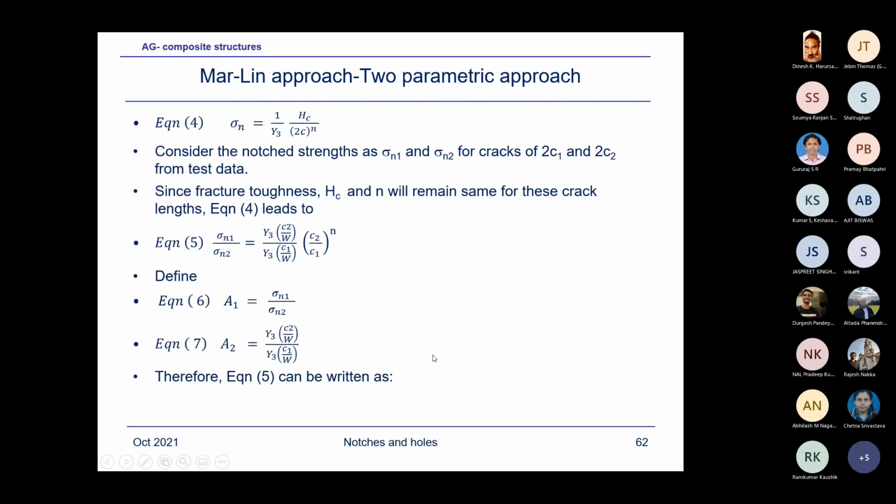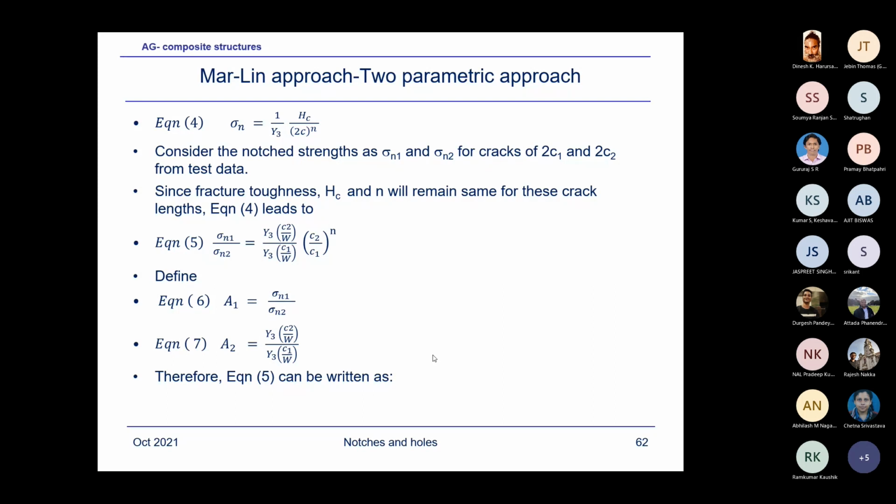Okay, now what's the procedure to determine it? Similar to the point stress criteria, you have to test various coupons. Now, in order to determine these two parameters, SC and N, you have to consider at least two crack lengths to calculate them.